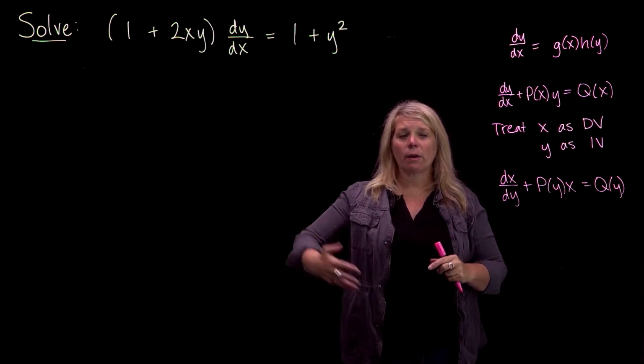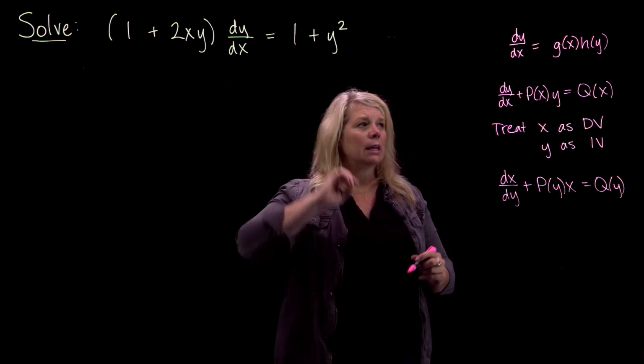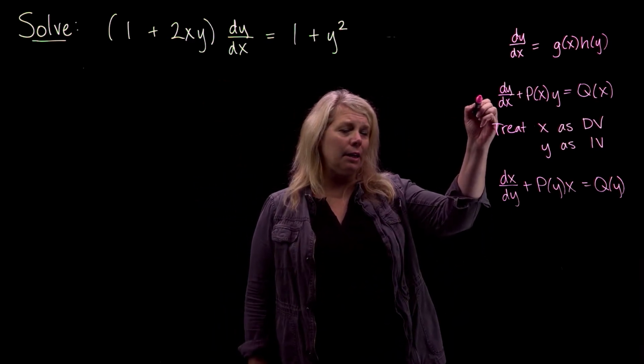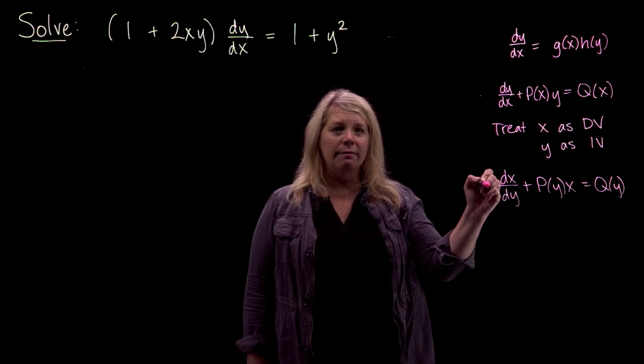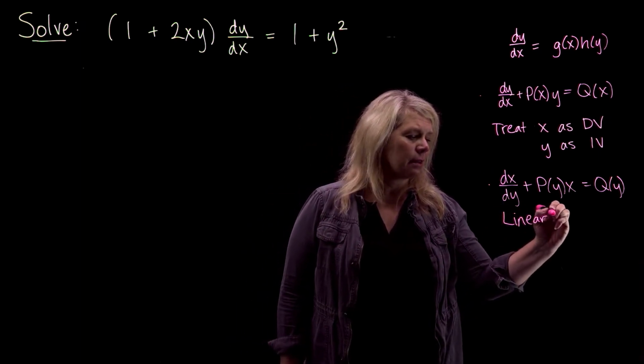And this differential equation actually can be rewritten in that form. So this differential equation is not the typical linear differential equation, but it is of this form, and we would say that that one is linear in x.